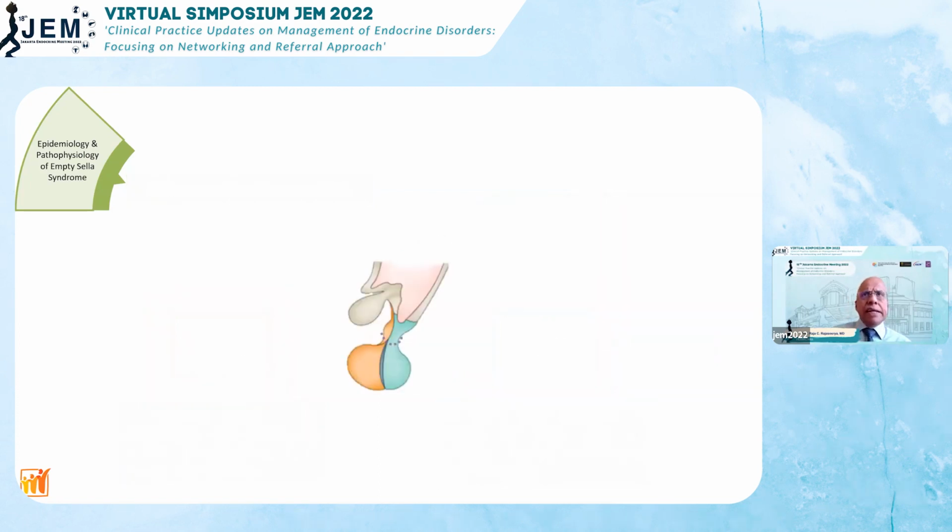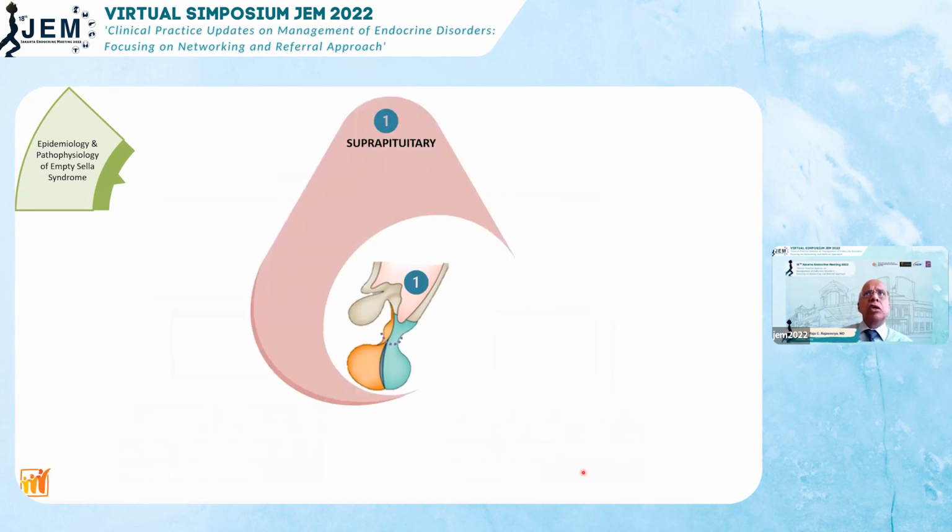To look at it another way, you could think of it as suprapituitary causes, causes that are above the pituitary gland. And these include benign intracranial hypertension, a pulsatile CSF, high pressure, is associated with obesity and hypertension itself.